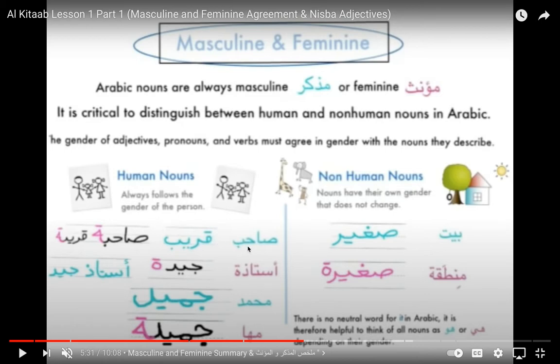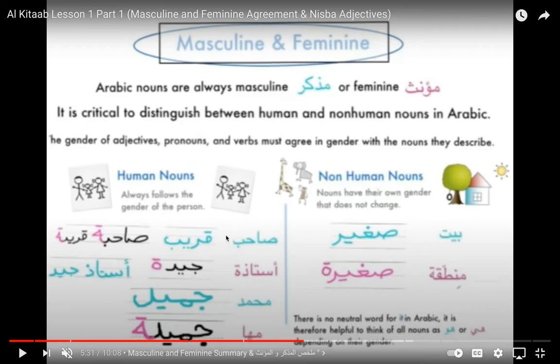I have the first example, صاحب قريب. صاحب, which means a friend, a male friend. قريب, meaning close. Keep in mind that in Arabic, we start with the noun, then we finish with the adjective.